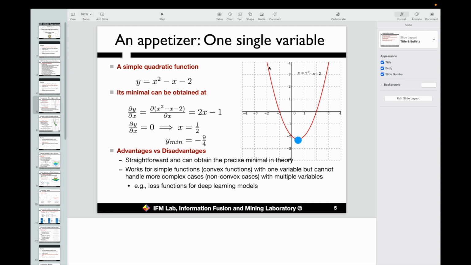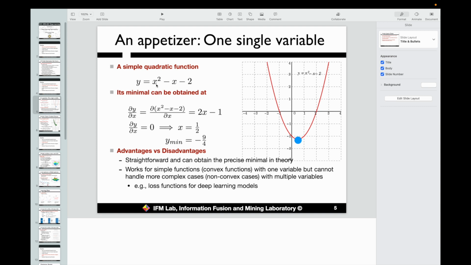And how can we achieve this minimum based on our prior knowledge? If you still remember when we started learning algebra in math, we can obtain the minimum value for this function with a method. We can calculate the partial derivative of this function with regard to the variable. In other words, we calculate the partial derivative of y with regard to x.